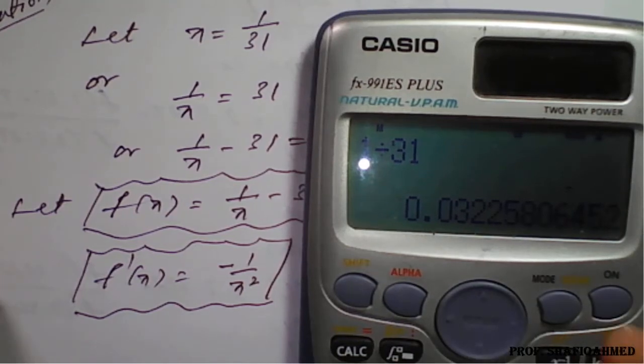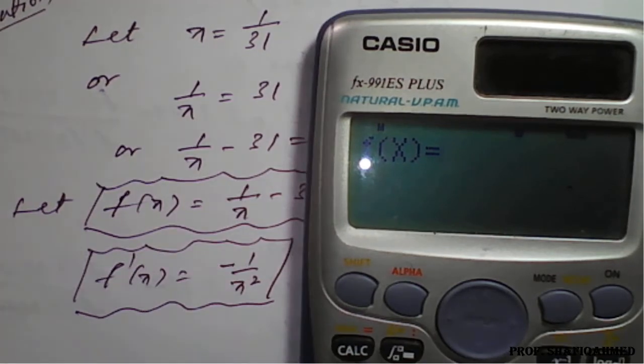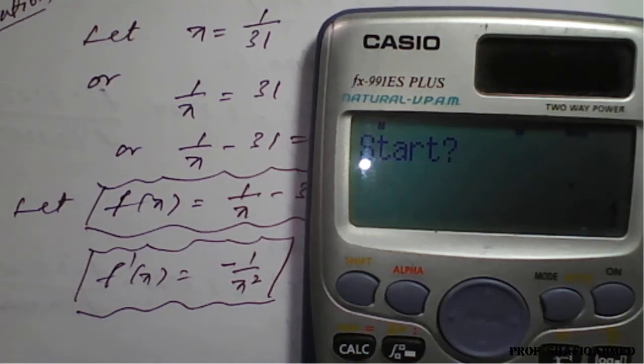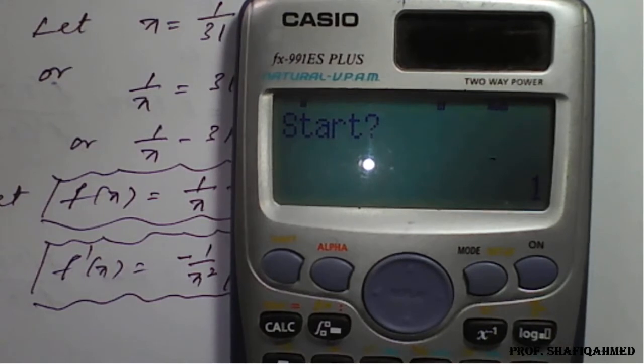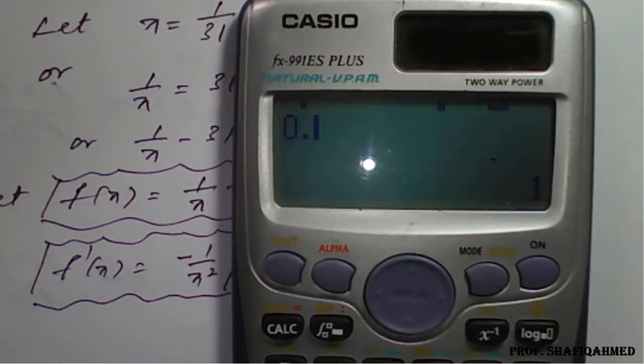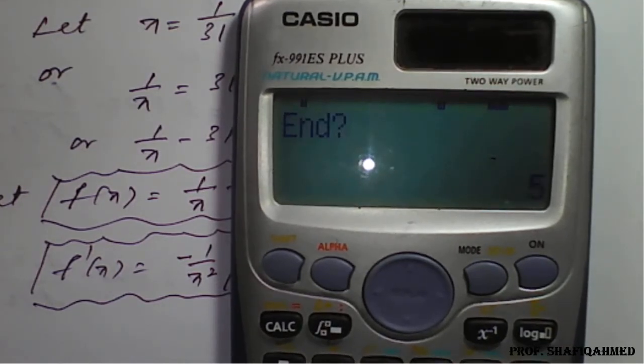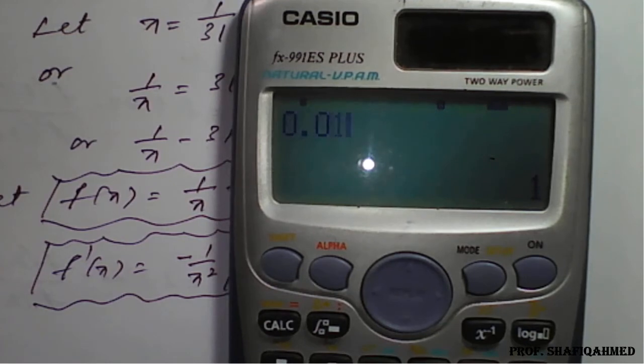So while preparing the equation for mode 7, we enter 1 upon x minus 31 and go for the equal sign. The starting value, instead of 1, we have to take 0.01, and the end value I will give as 0.1, and step size I will use 0.01.